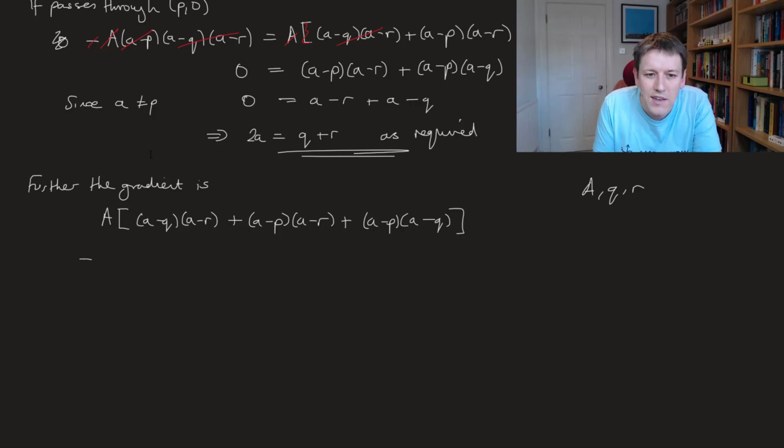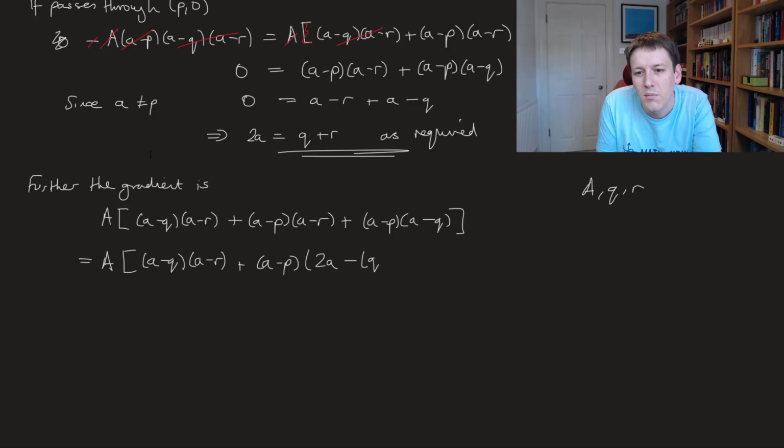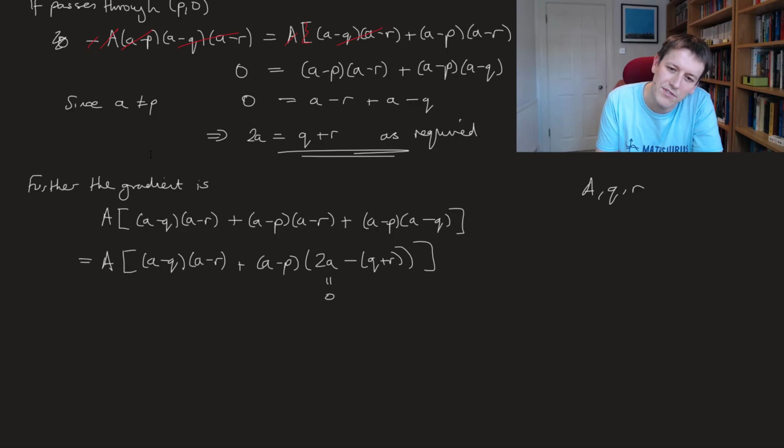If you look at this carefully, if I leave this first term alone and factorize out the a minus p here, I get a minus p, and then this would be 2a minus q plus r, and by the previous thing we've written here, that would be 0, okay? So actually, this is just a multiplied by a minus q times a minus r.